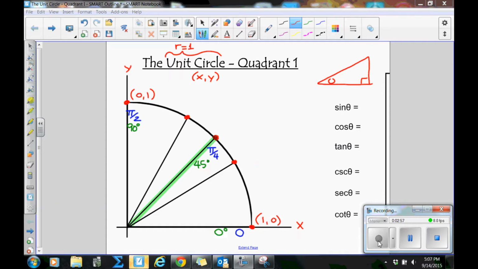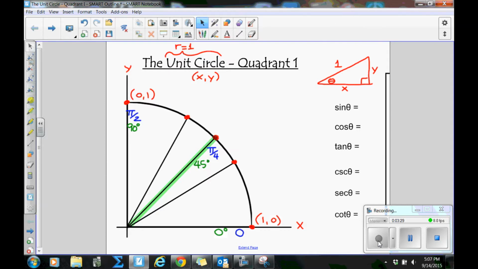Every single right triangle would have the important angle close to the origin, a horizontal leg, which represents an x value in an ordered pair, a vertical leg, which represents a y value in an ordered pair, and a hypotenuse, which matches a radius of 1. So all the important angles. Let's start by making the 45-degree angle into a right triangle.